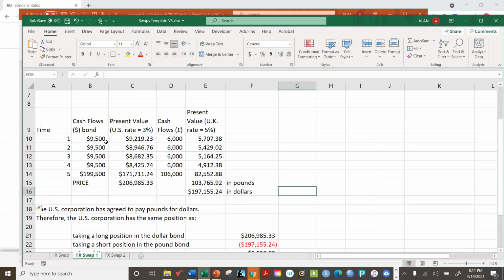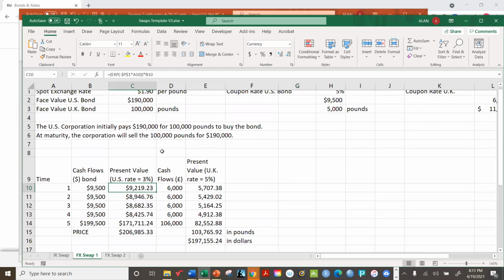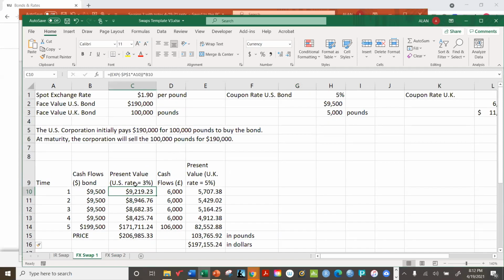Well, let's see. So for the US bond, we have $9,500 in coupon payments every year. In the last year, we receive the face value of $190,000 plus one final coupon payment. Now we're calculating present values, and again, we're actually using continuously compounded rates.